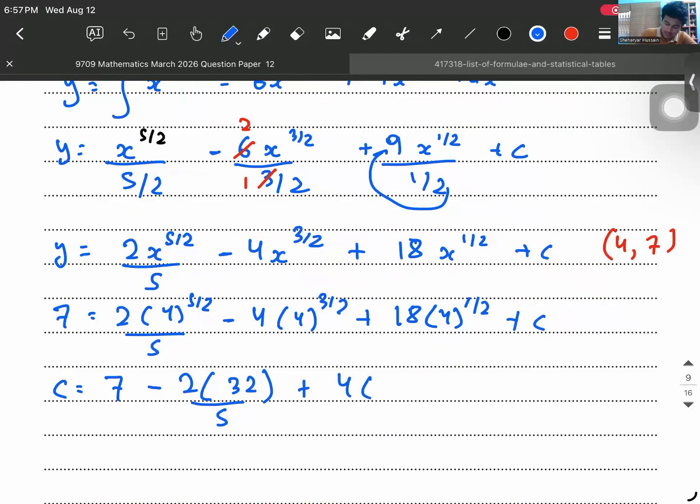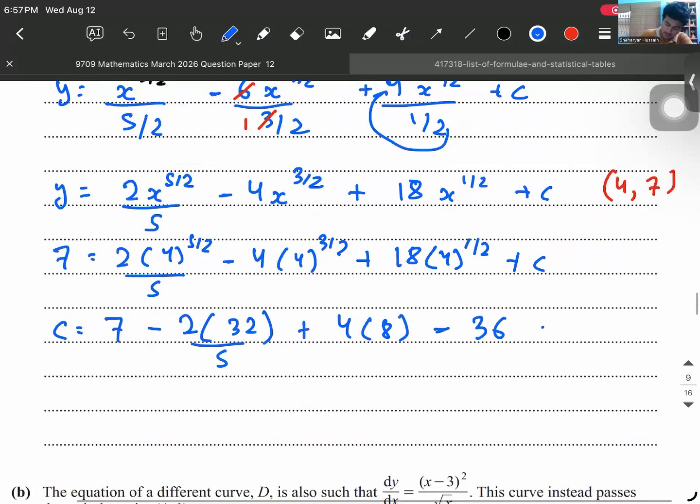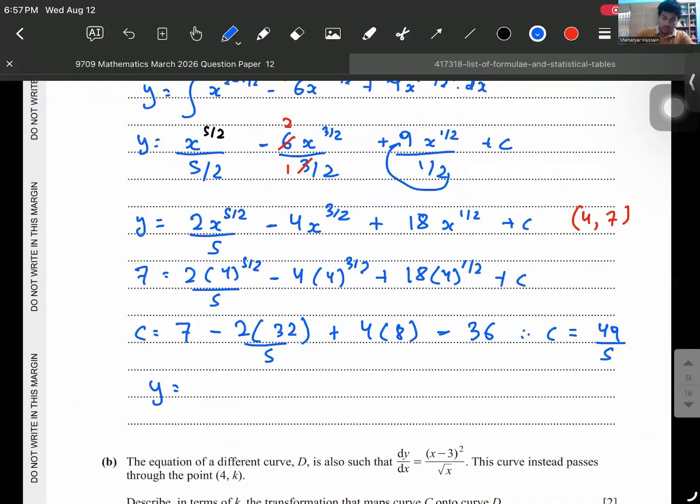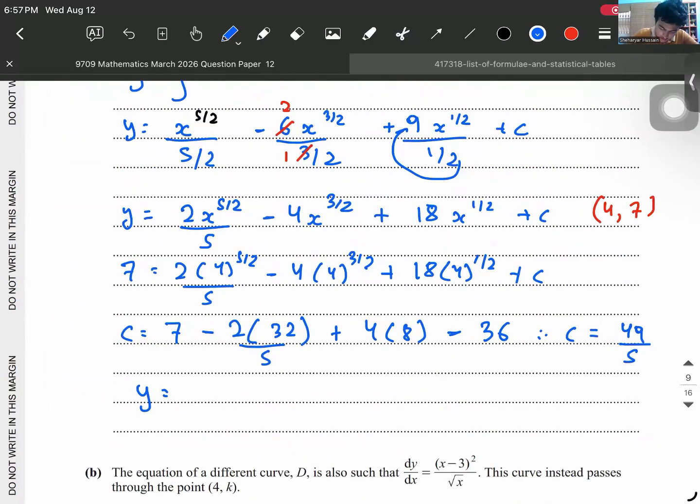This will be 4 times 8, if I remember correctly, and this will be minus, just changing each sign, 18 into 2, so 36, right? So the value of c, if I plug this into the calculator, is just coming out to be negative 49 upon 5. So the entire equation turns out to be, and I don't want to write down the entire equation.